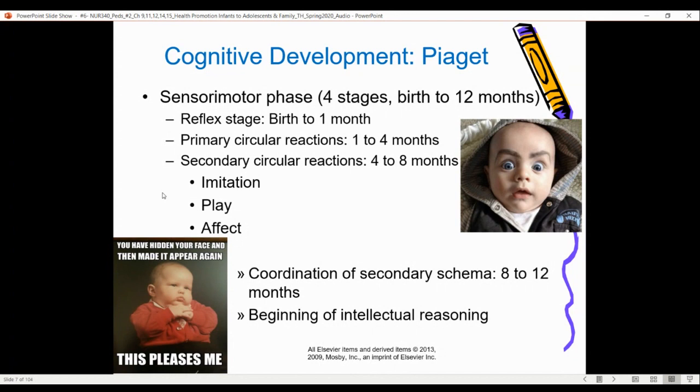Yes, object permanence. Good. And if you didn't remember that, it's kind of coming back to you. So let me tell you what object permanence is if you don't remember what it is. Basically, this is the ability to recognize that just because an object is out of sight, it's not gone. It just didn't disappear. And I've got a picture on the slide here. You have hidden your face and made it appear again. This pleases me.